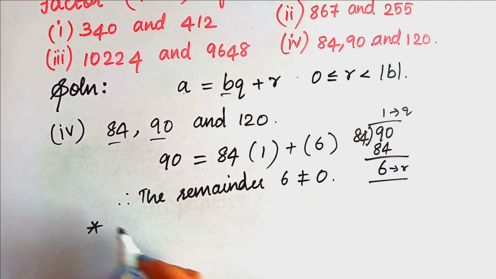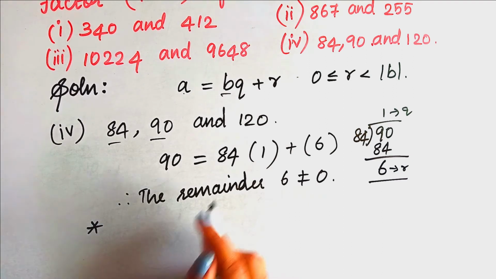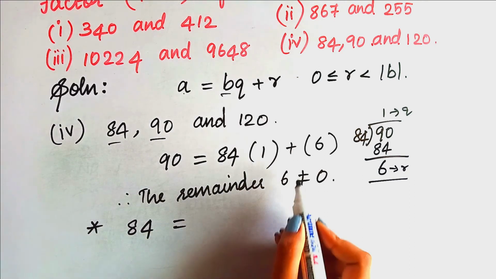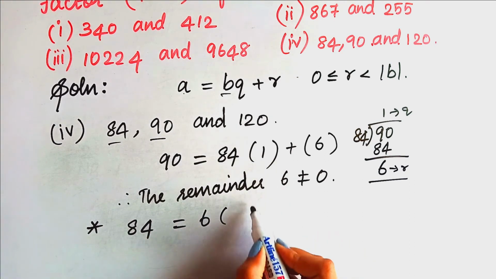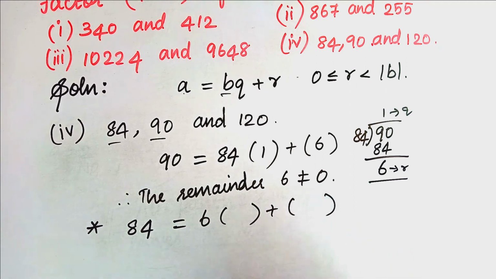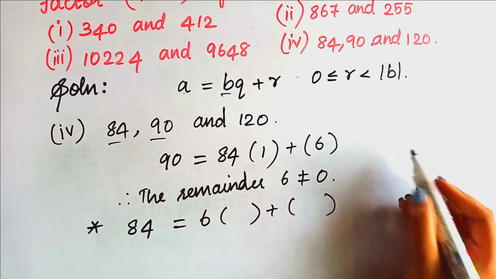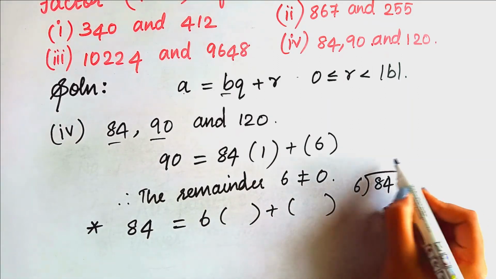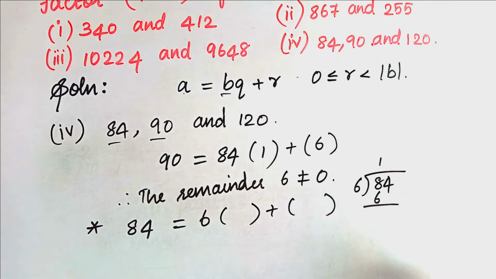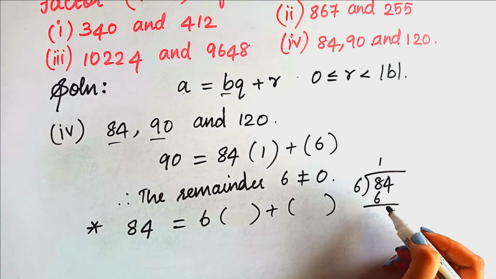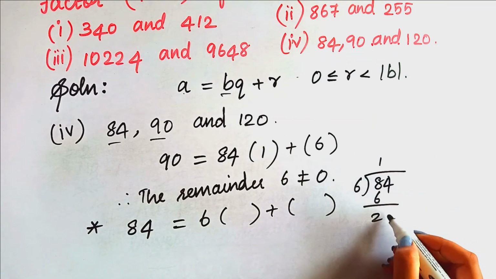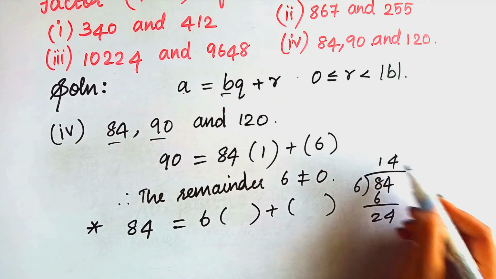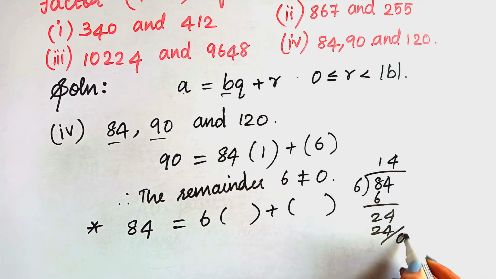So therefore we have to do another step, where A will be 84 is equal to, and B will be 6, and we have to find the quotient and the remainder. So let's divide 84 by 6, right? 6 once are 6, and 8 minus 6 is 2, and here there is a 4, so 4, and now 6 fours are 24, therefore we got an answer 0.